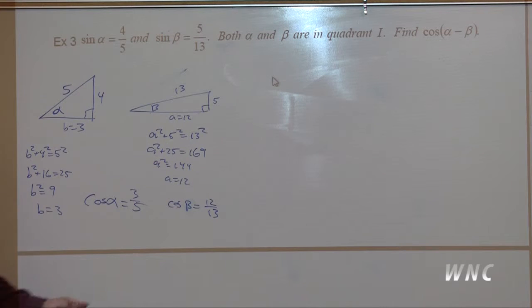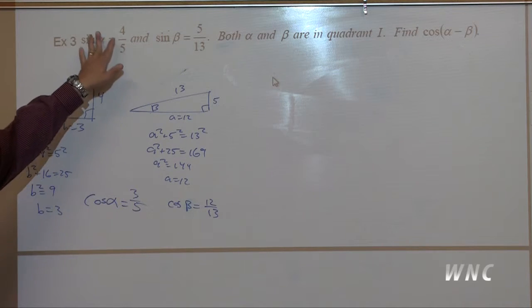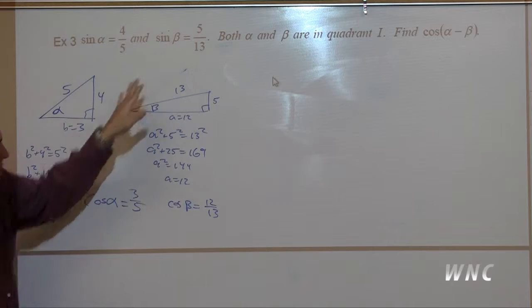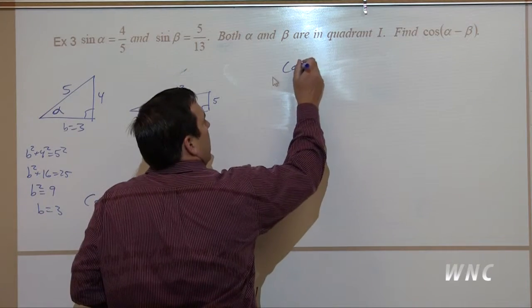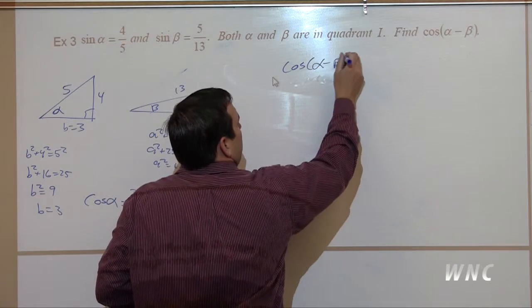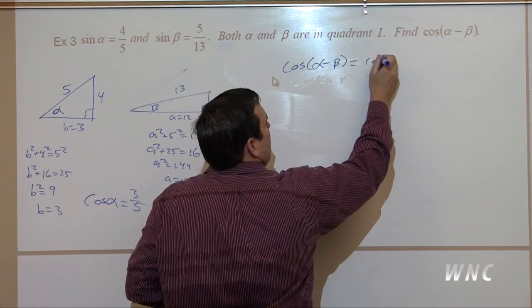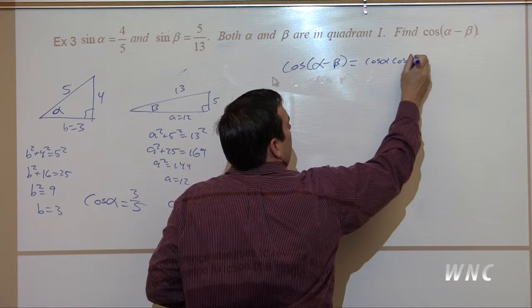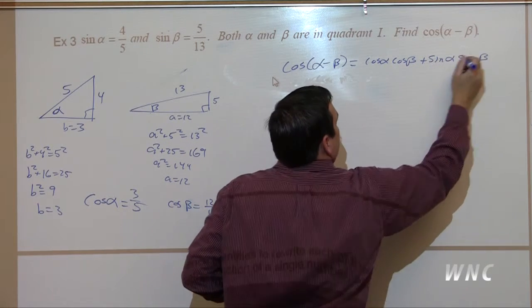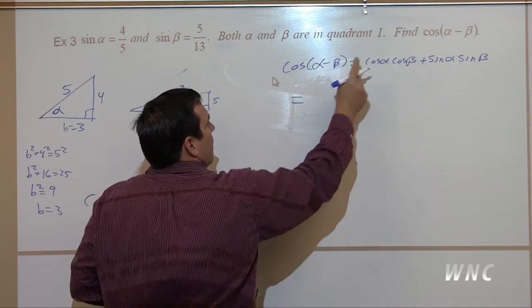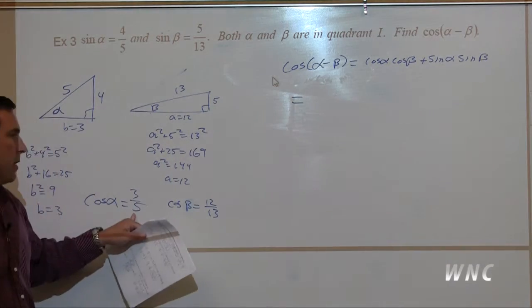Now we have all the information we need to put this together. We know sine of alpha, sine of beta, cosine of alpha, cosine of beta. So cosine of alpha minus beta is cosine of alpha cosine of beta plus sine of alpha sine of beta. Cosine of alpha we determined was 3/5.